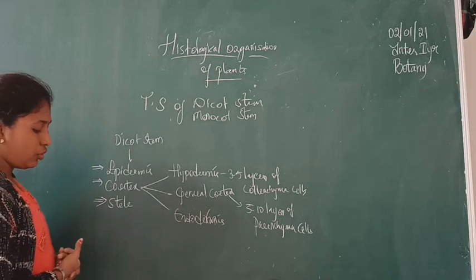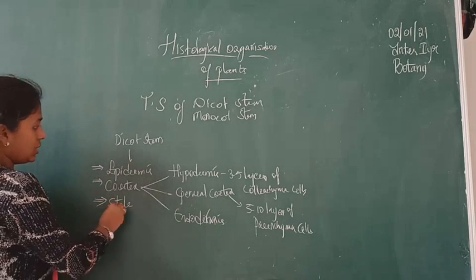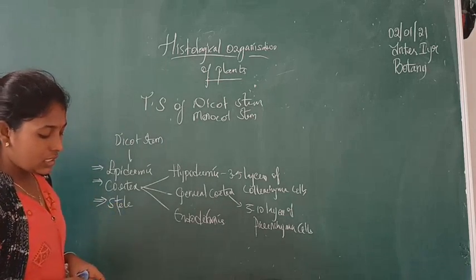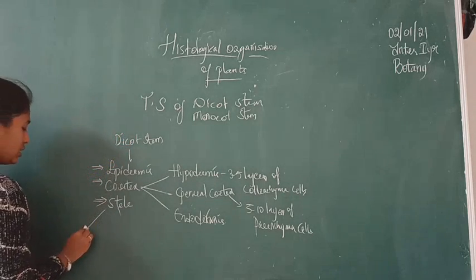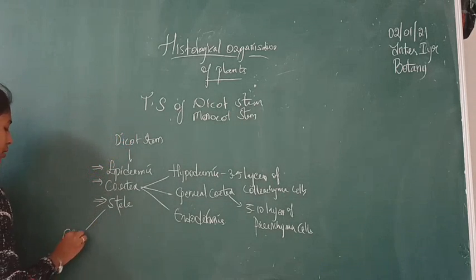Next, if you move on to the stele, that is the third one. This stele is larger than the cortex and it consists of 4 parts. What are the 4 parts in the stele?